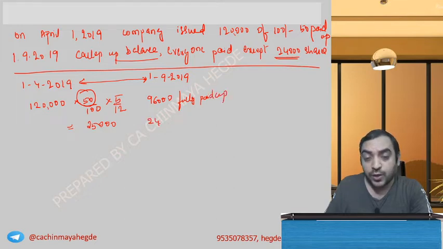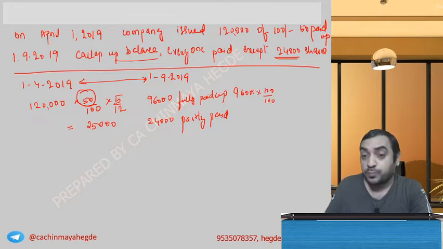And the balance 24,000 shares, who did not pay the balance amount, continue to be partly paid up. So on 96,000, fully paid up 100, because first 50 was paid up, now the balance 50 was paid up, for a period of 7 months: 96,000 into 7 by 12, 56,000.